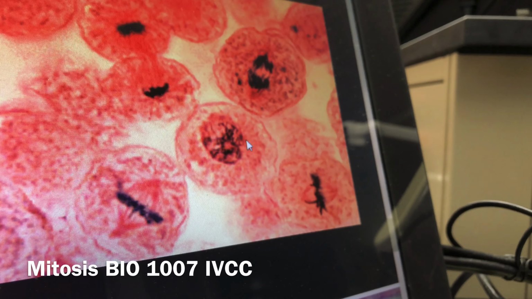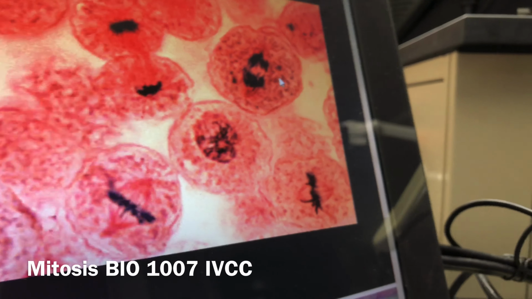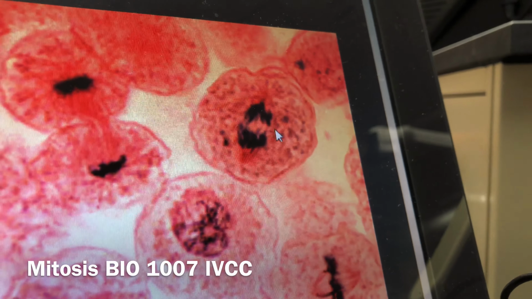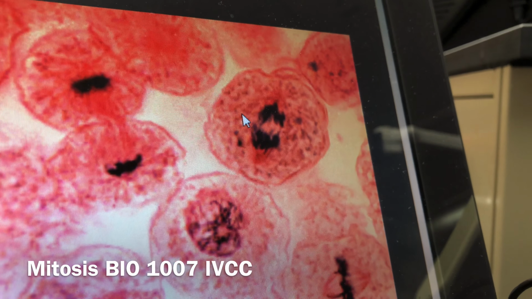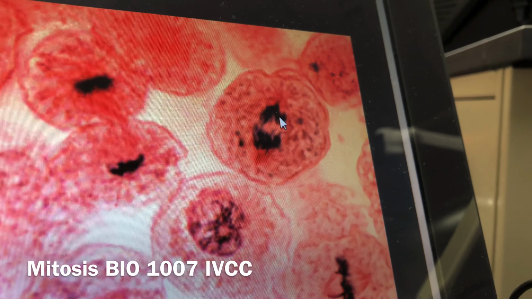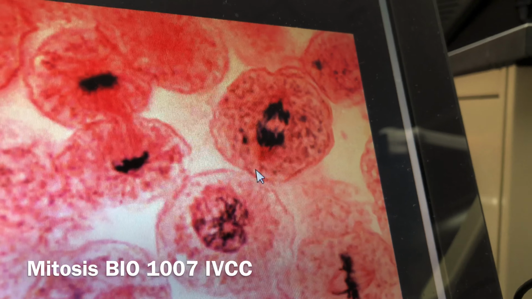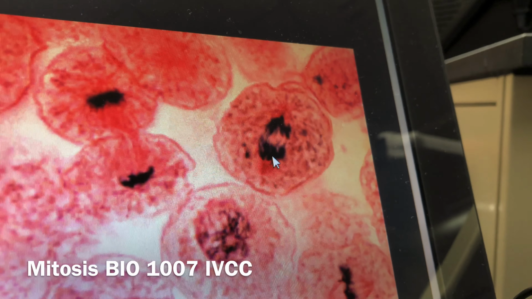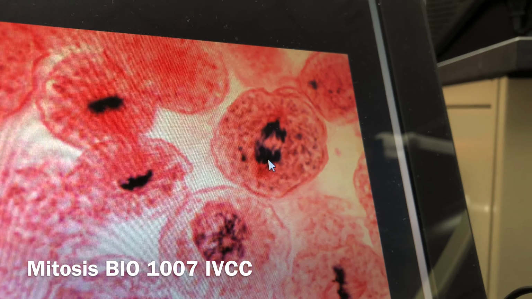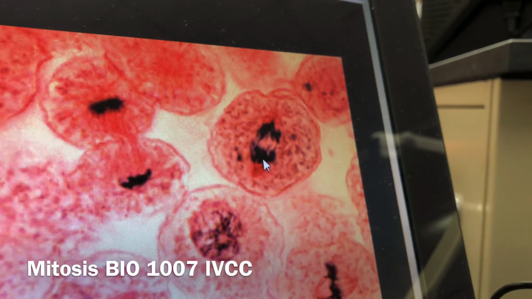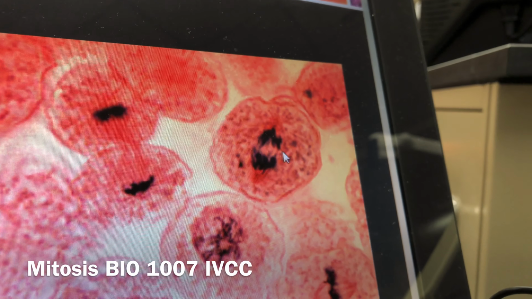So when we look right here at the anaphase cell, the big key is there's a break among the chromosomes. 46 are going to travel this way, 46 are going to travel that way. That ensures that the new cells have the equal and the same amount of genetic information. So that is an anaphase cell.